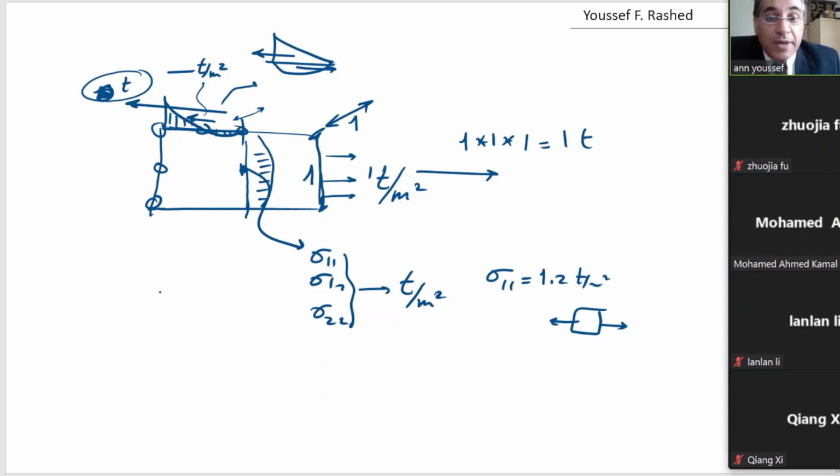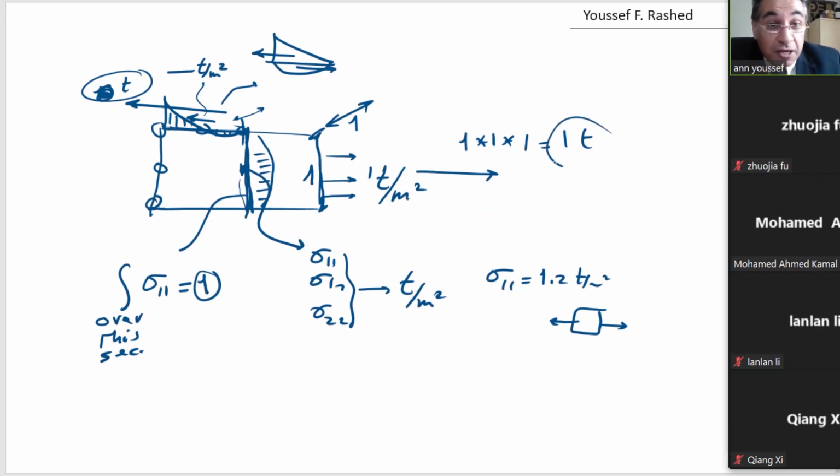Okay? So if we integrate the stresses sigma 1,1 over this section, it should be equal to the total force here. It should be equal to the total force from the equilibrium also.